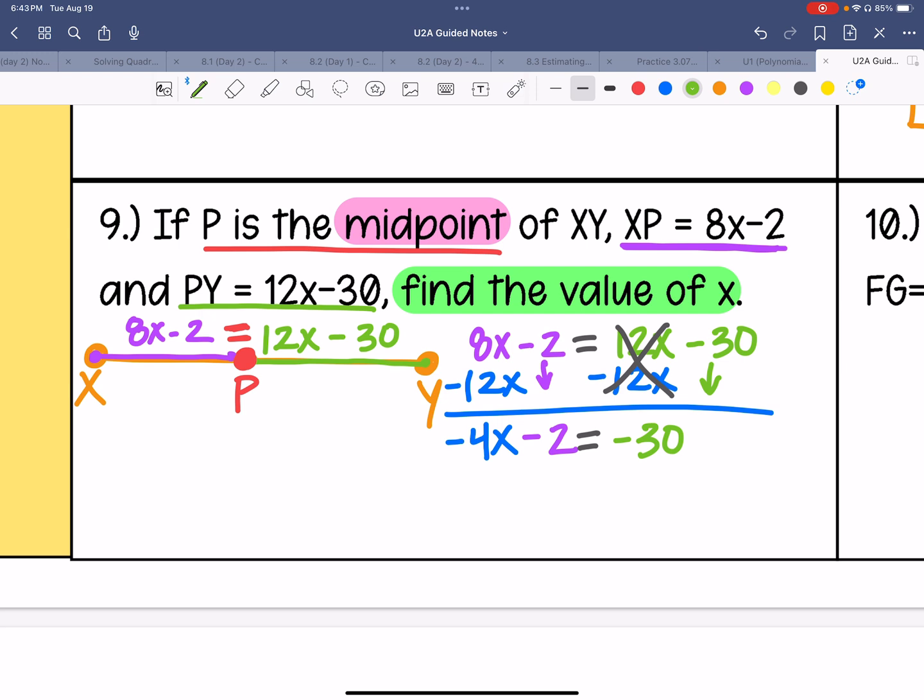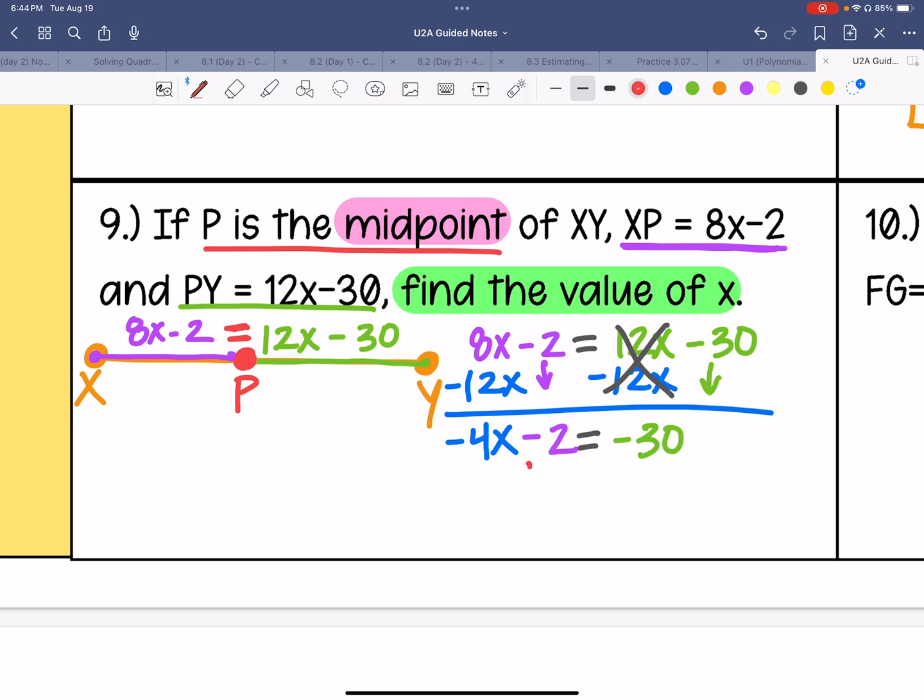Now, since I moved x to the left, my numbers or my constants need to move to the right. So that means that this negative 2 right here, it needs to move over here. And the way that we are going to move it is by using the opposite operation. So the opposite of a negative 2 or subtraction would be to add.